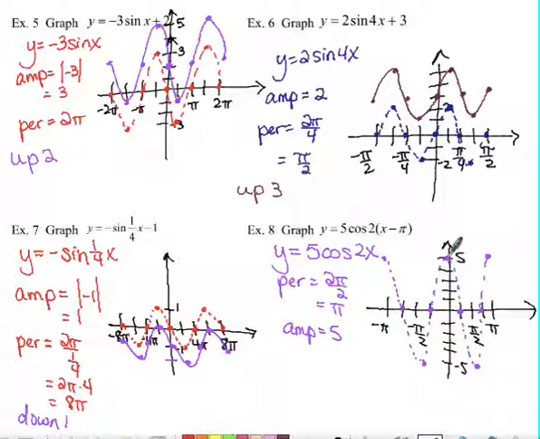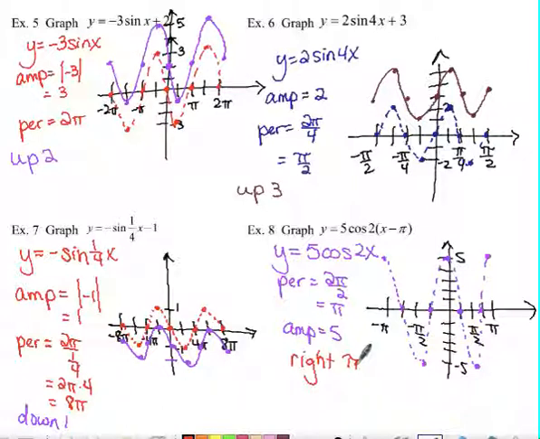Now what kind of shift do we have here? Down pi. Nope, not down pi. You're actually going to go to the right pi. Now, what I mentioned earlier is that you have to be careful when you're doing that left-right shift. You need to know what 1 tick mark represents because 1 tick mark is not always pi over 2.